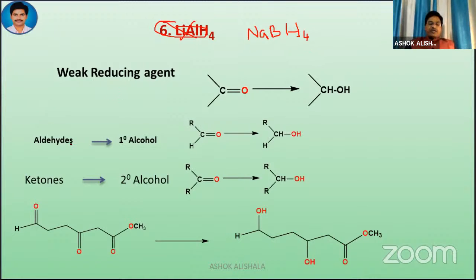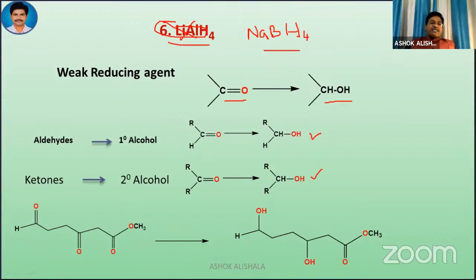Here also it converts C double bond O into CHOH. Aldehydes will give primary alcohol when treated with sodium borohydride, and ketones will give secondary alcohol. Then what is the difference between lithium aluminum hydride and sodium borohydride?